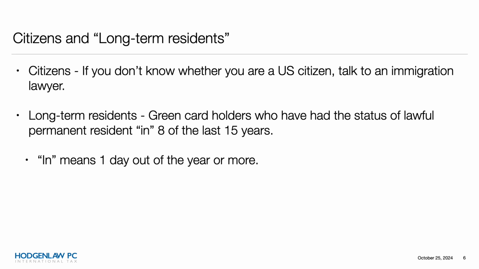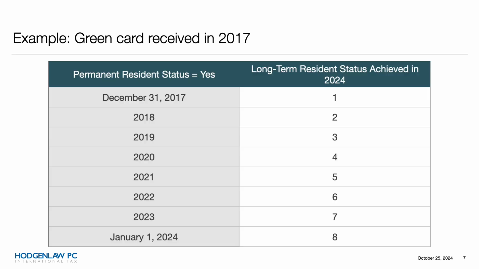Long-term resident is a special term that means a green card holder who's had the status of lawful permanent resident in 8 of the last 15 years. Note the use of the word in rather than for. That means that we're only looking at whether they had their green card for any time period at all during the year. So it could be even one day during the year, and that year is going to count towards the long-term resident test.